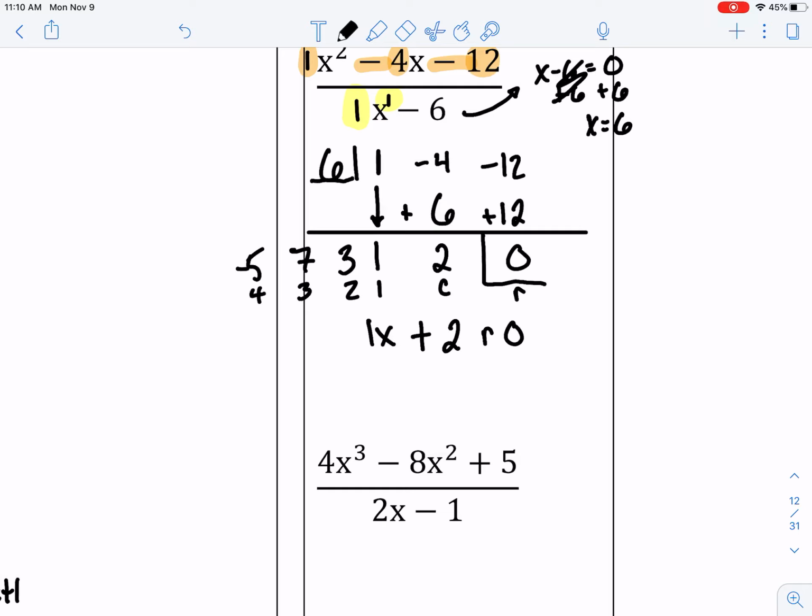So it would have been plus 3x squared, 7x cubed, minus 5x to the 4th. But we'll get into that right here in a second.